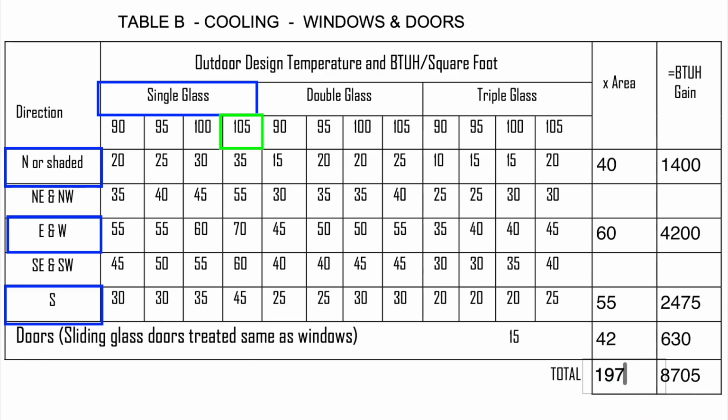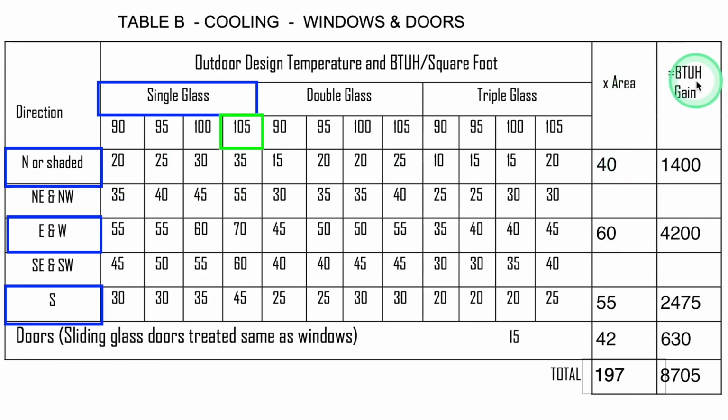So as long as you remember when you're working through the process, as far as helping you out for your project, you have to find the areas of the window. Once you do that, you separate them into direction. You match the conditions with the type of window and the outside design condition temperature, and then you multiply that BTU in the row and column with the total area of those windows on that direction of wall.